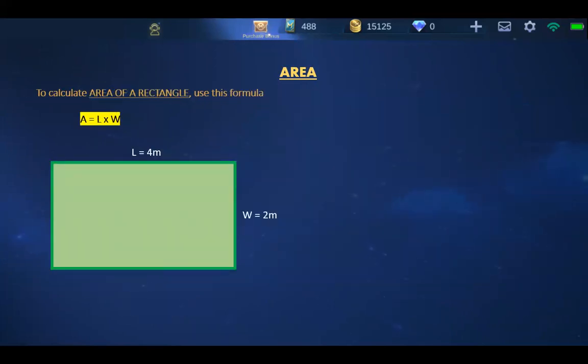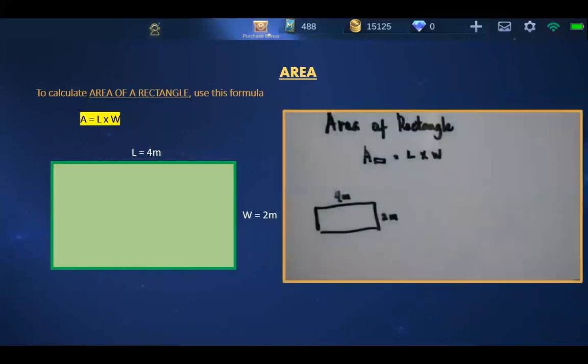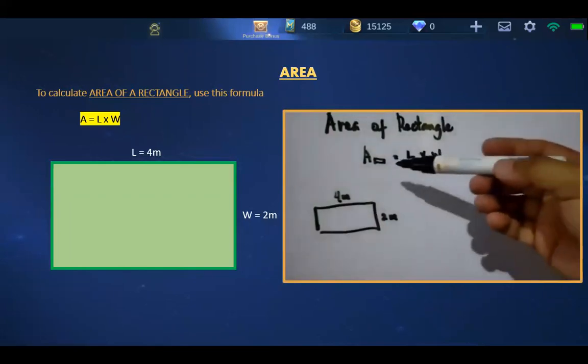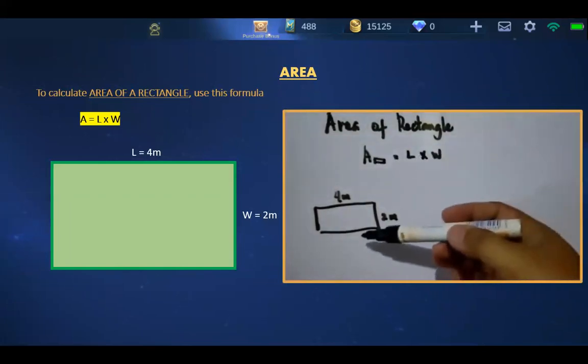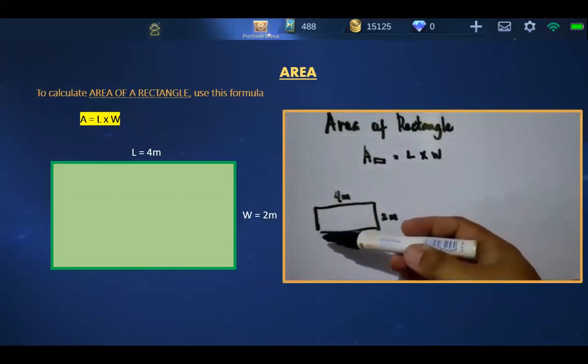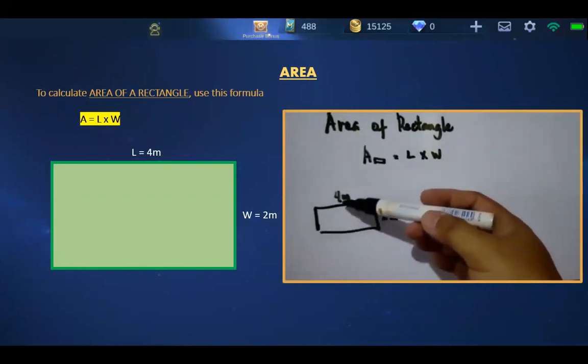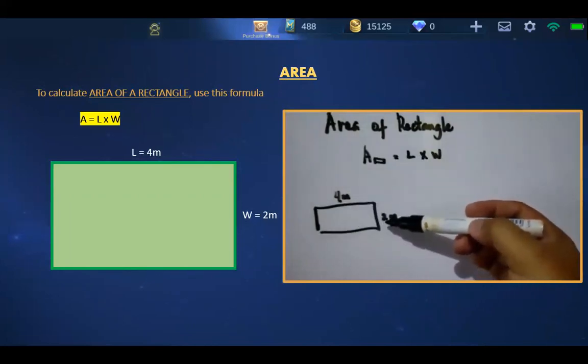Next, to calculate the area of the rectangle, we use this formula. Area is equal to length times width. For the area of a rectangle, the formula is area of rectangle is equivalent to length times width. So this is the problem. The length is 4 meters and the width is 2 meters.